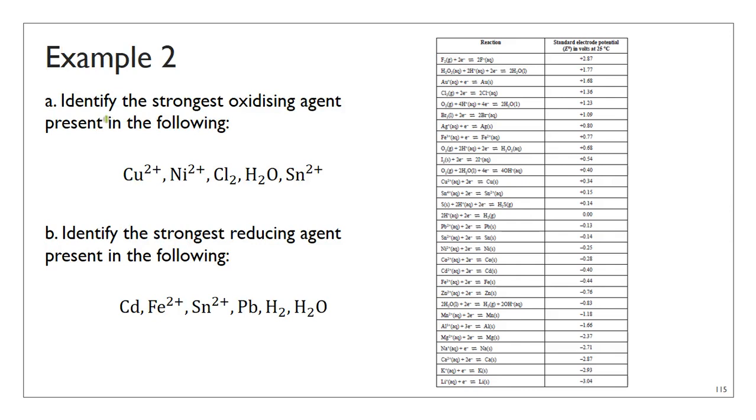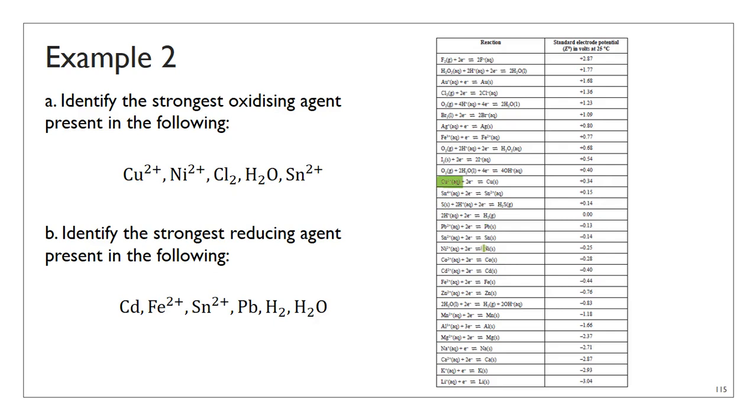You need to identify the strongest oxidizing agent present in the following. So once again, I have some species here. And because we're talking about oxidizing agents, I'm just going to highlight species on the left side of the column. So we have copper ion, Cu2+, here.